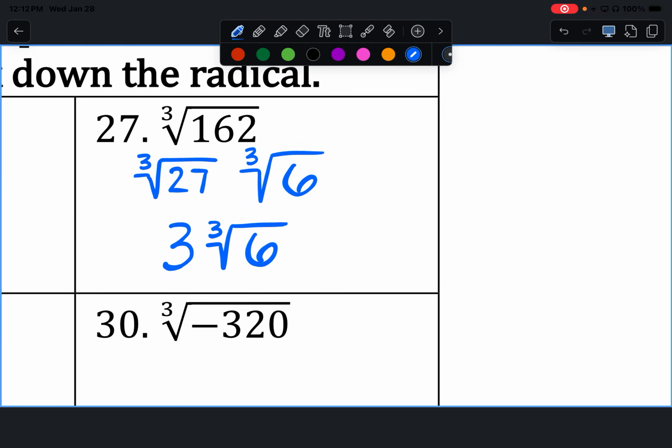All right, for 30, okay, we take out the negative. What is the biggest perfect cube that goes into 320? 64 times what? And what is the cube root of 64? Times the cube root of 5. We just took the cube root of 64. Yep.